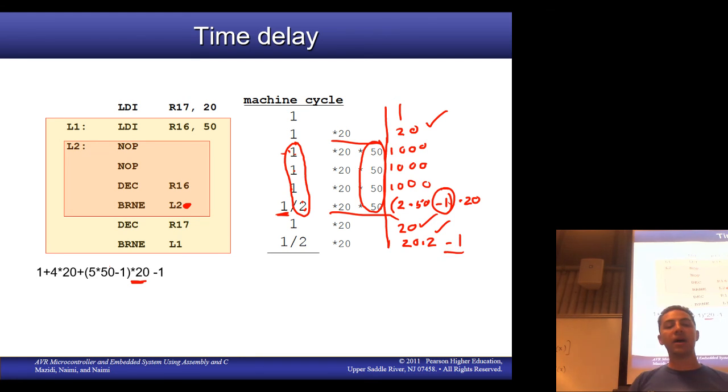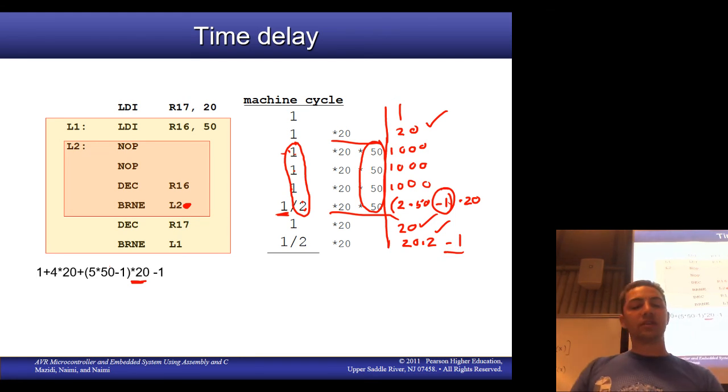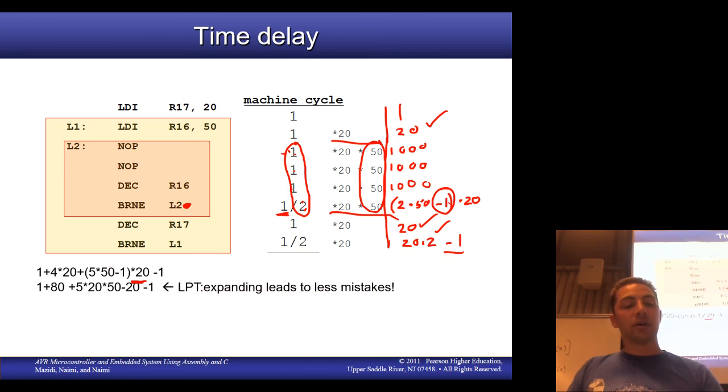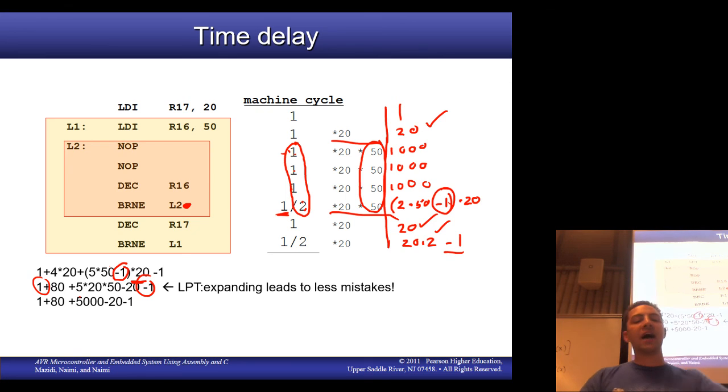Why did I do it that way? Heck of a lot easier to deal with. Because now you expand out that 20. So you have 5 times 20 times 50 minus the 20 from the negative 1, minus 1 and plus 1. So tons of stuff cancels. 5 times 20 times 50 is pretty easy math.